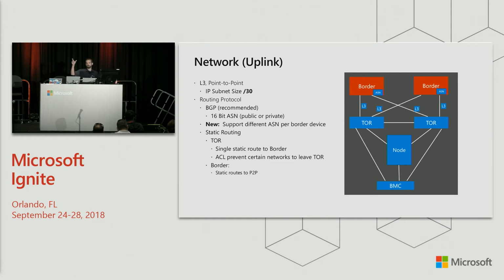When we initially launched Azure Stack, we only supported a single ASN number spanning both devices. What we've learned again while working with our customers is that our customers use individual ASN numbers per border device for availability. And we've just adjusted here and expanded our own configurations to support multiple ASN numbers per border.